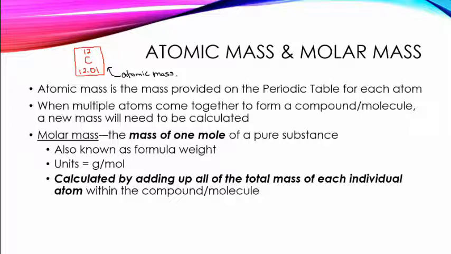Well, when we start combining things together, we need to calculate a new mass. That term is called molar mass or formula weight. Molar mass is basically the mass of a compound, and again, it's also known as formula weight.